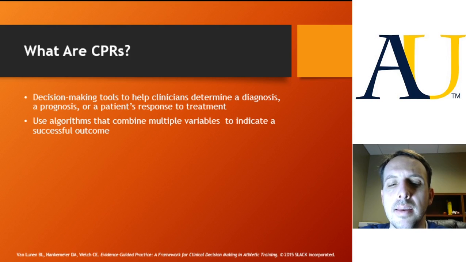So the idea is, and the easiest way I like to think of these is, that clinical prediction rules are diagnostic in nature. And I mean that from the standpoint that yes, there are diagnostic clinical prediction rules.